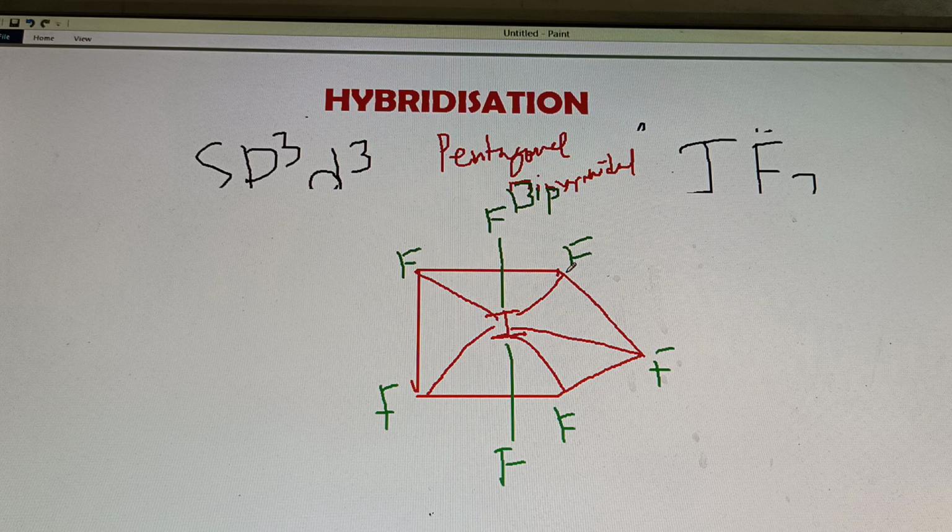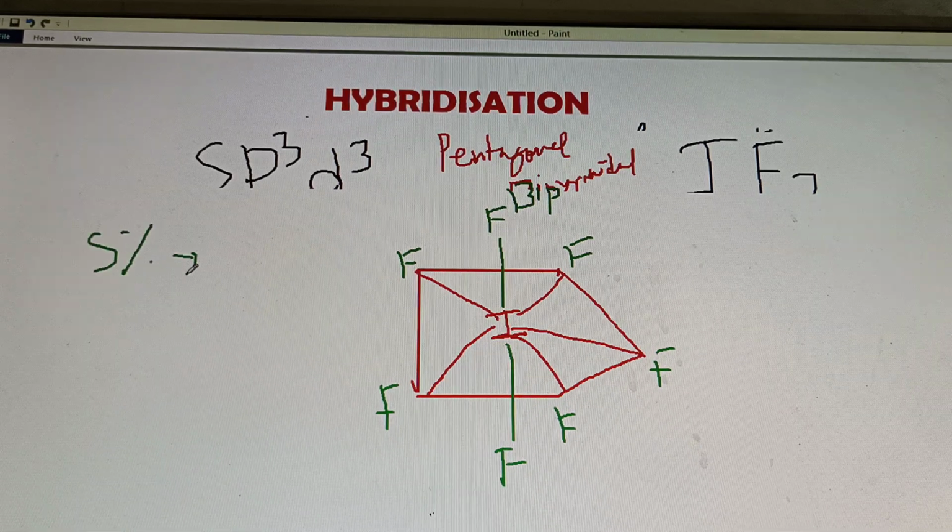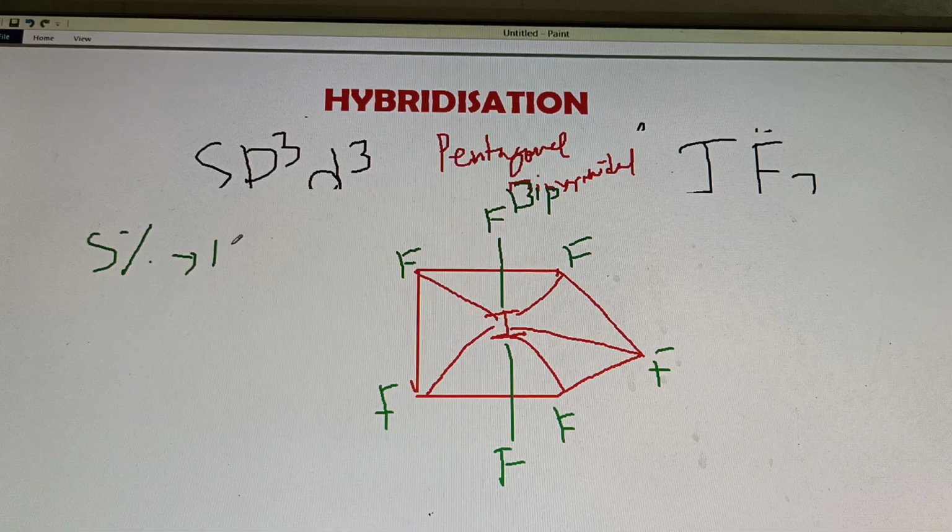In the previous way you can calculate the percentage of s character, p character and also d character. So what is the percentage of s character here? 14.28.